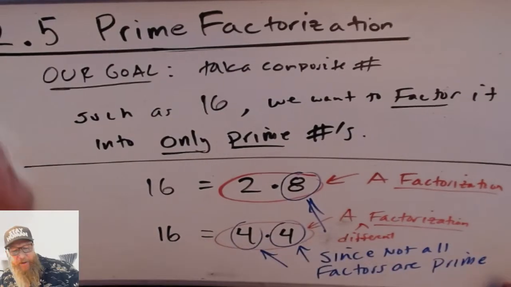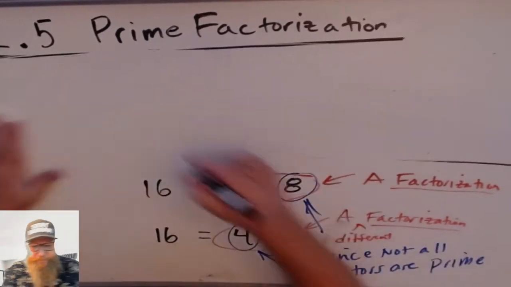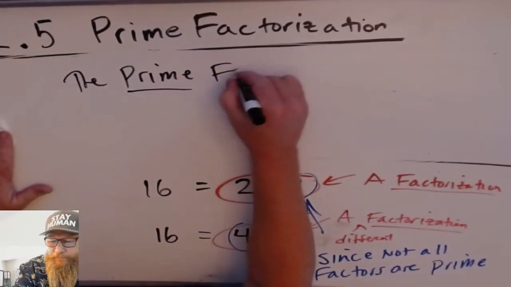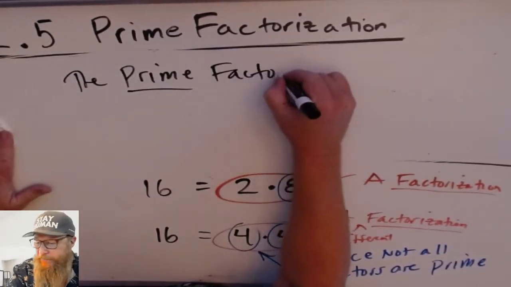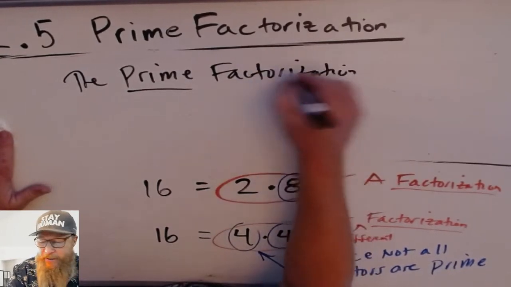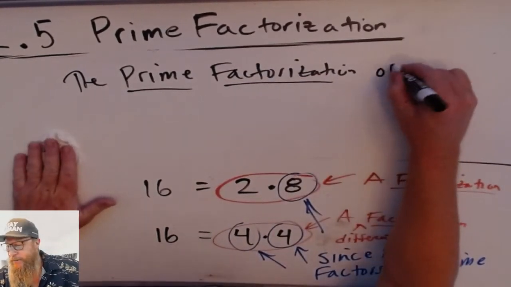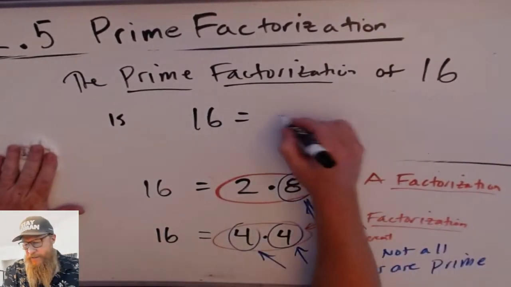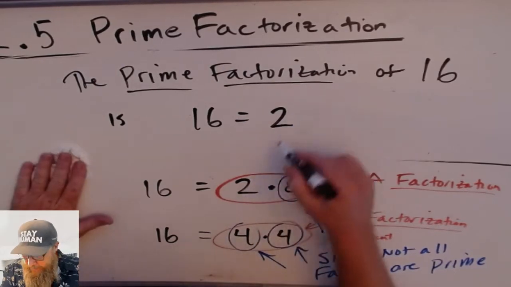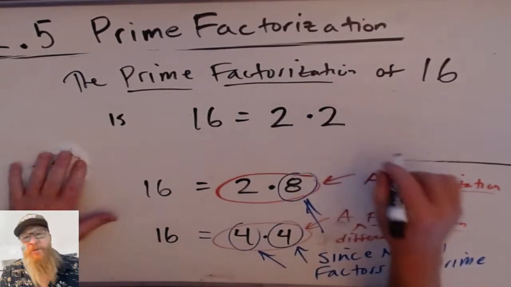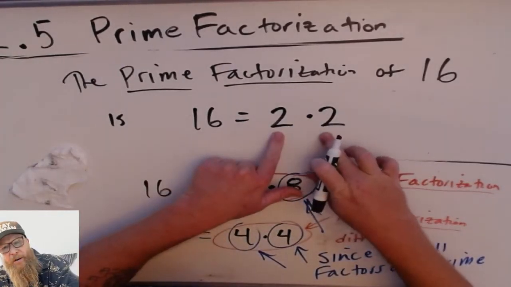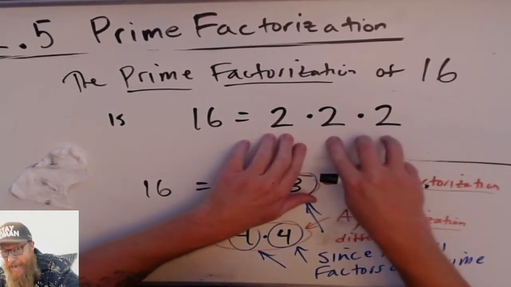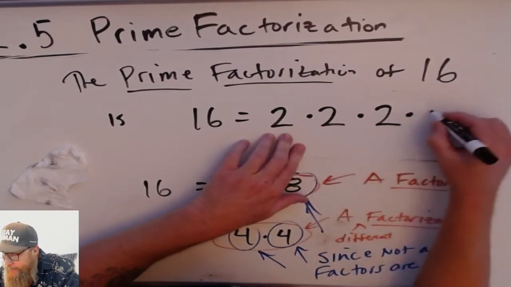To have a prime factorization, I'm writing it again. I know it's already up there. The prime factorization of 16, well, 2 times 2, that's 4, times 2, that's 8, times another 2.